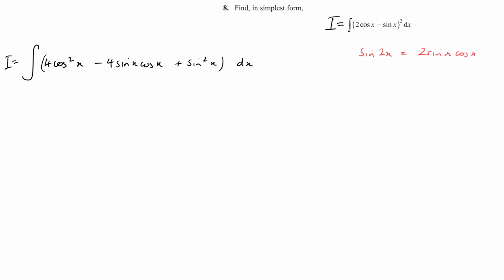So if I wanted 4, I would need to times it by 2, so times it by 2, and that's what I've got. So this can be replaced with a 2 sine 2x there. Let's go ahead and replace that, because that makes this easier for us to integrate.